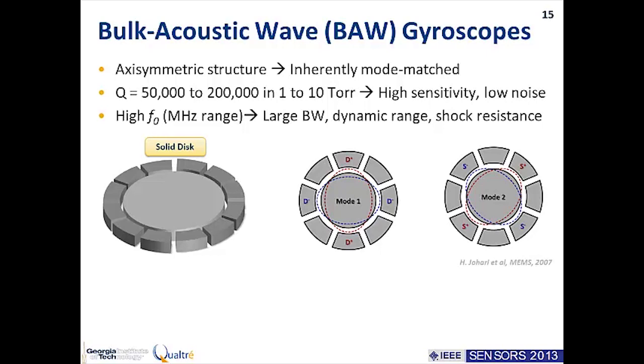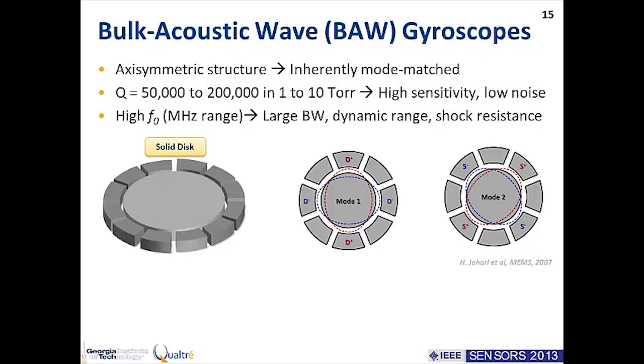As we see here, the nodes of one mode, which are the locations where you get zero deformation, coincide with the antinodes of the other mode, which are the points in space that have the maximum deformation. So you can say that these two modes are orthogonal in space. One of the advantages of operating at high frequency using bulk-acoustic devices is that you get high Qs even at moderate pressure levels.